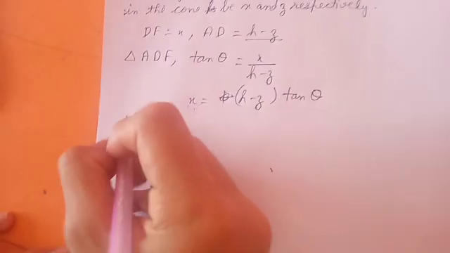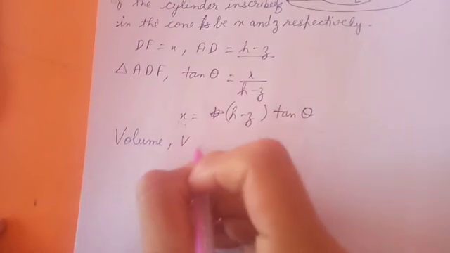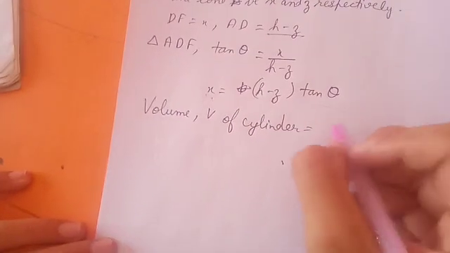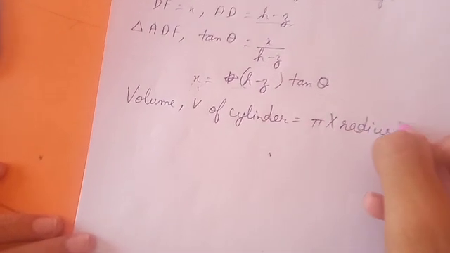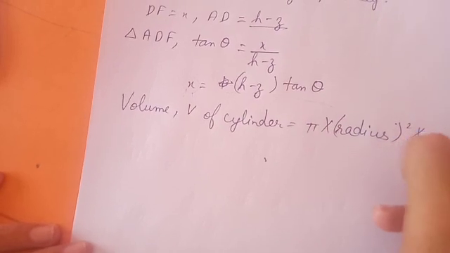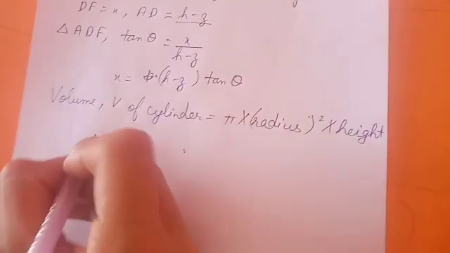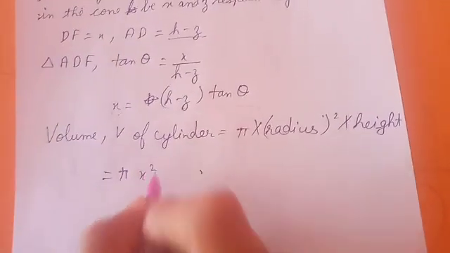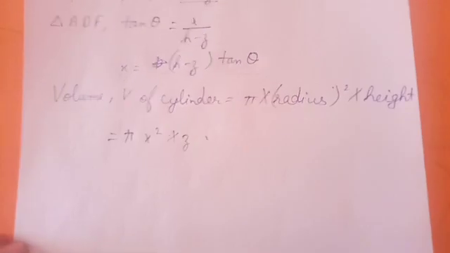Now the volume V of the cylinder. Volume is again what? Pi into radius square into height. Of the cylinder they are asking. So pi, what is the radius? X square into the height of the cylinder, which is z.